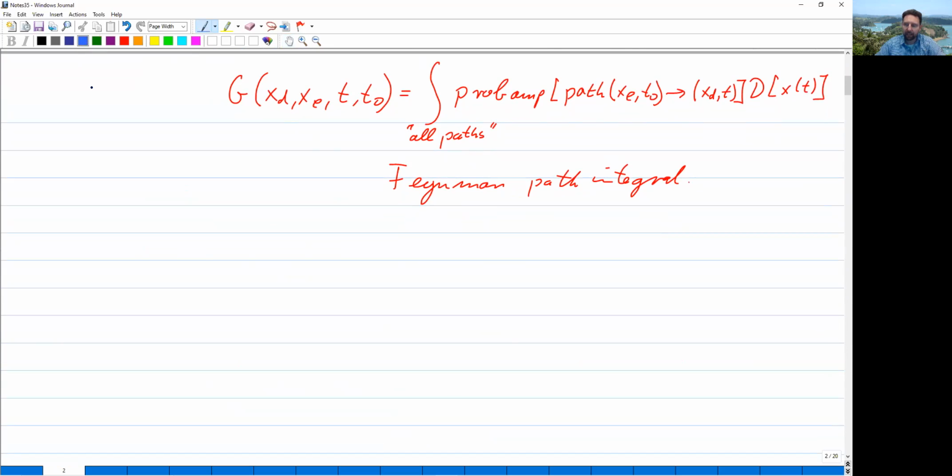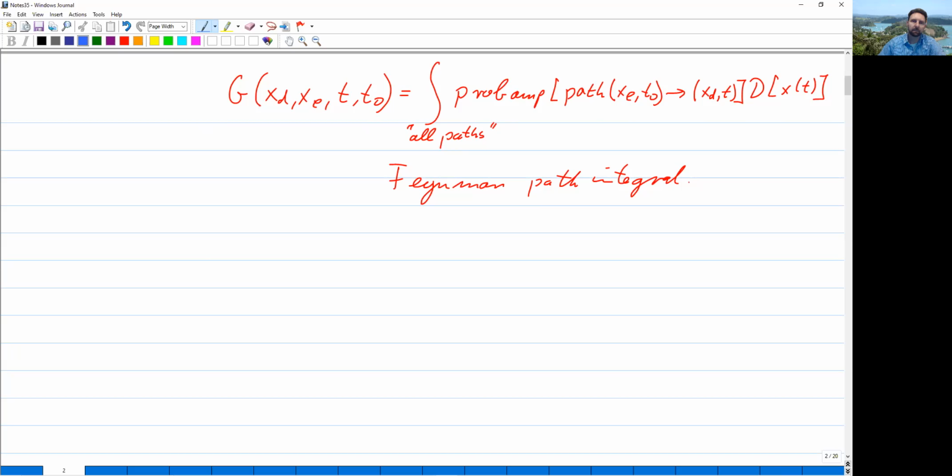But, and that's crucial, Feynman figured out that we can work out what this path integral is without having to solve for the individual time evolution operators from time t5 to time t6, and then the time evolution operator from time t6 to time t7, and so on.